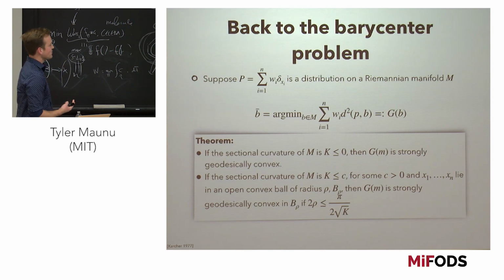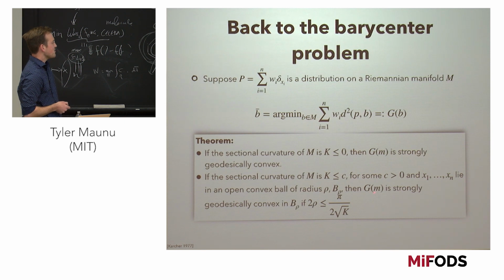But this is not the case for Wasserstein space or the Bures-Wasserstein manifold, where things are non-negatively curved. So if the sectional curvature of M is bounded above by some positive constant C, then I need to assume some more things. I need to assume that these xi's, my points on the manifold, sorry, these should be xi's here instead of p, lie in some open convex ball of radius rho.